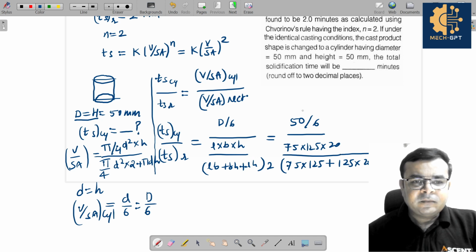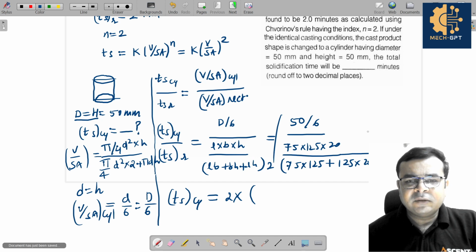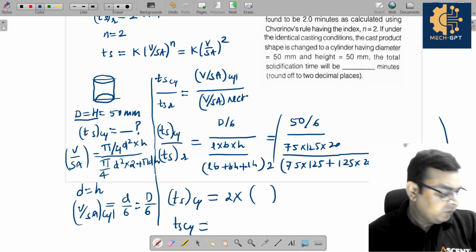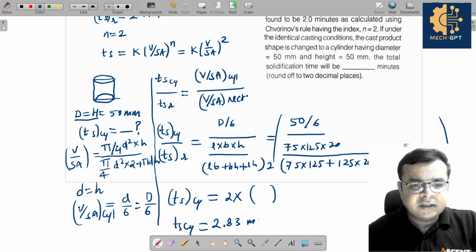And when you simplify this expression, then the solidification time of cylindrical casting is nothing but 2 times of this factor. Is it clear? 2 times of this factor. And after simplifying this, here we get 2.83 minutes. This is the right answer.